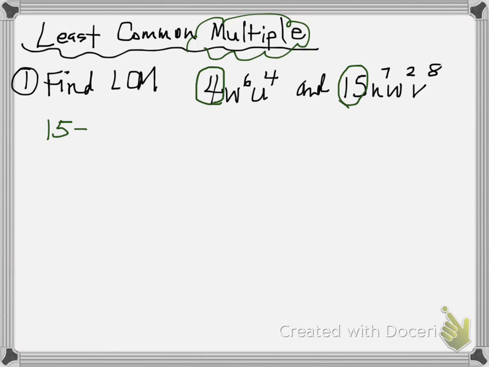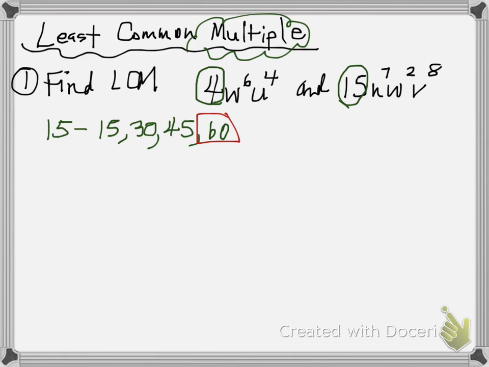So my first one would be 15, my second one would be 30, my next one would be 45. 4 doesn't go into any of those. Then what would be after 45? 60, that's right. I'm going to stop there because I think 4 goes into 60. So if I think about all the things that multiply together to make 60, 4 times 15 does. So for my numerical part, my least common multiple is going to be 60.